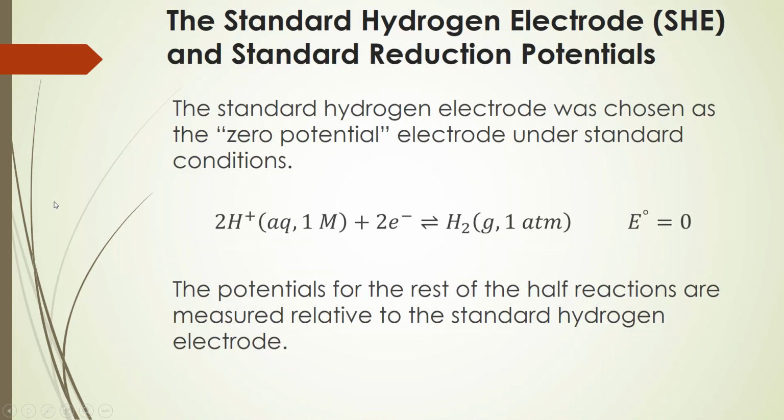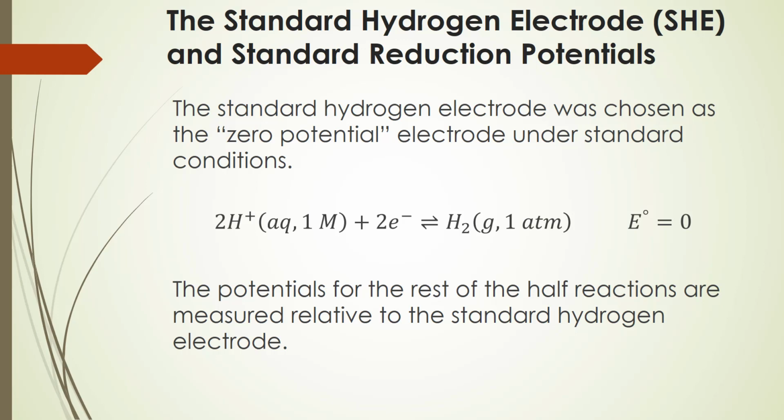The standard hydrogen electrode is actually used to determine the standard reduction potentials for all of the other reactions as well, because sometimes you can have more than one reaction for each element. The standard hydrogen electrode was chosen as the zero potential electrode, under standard conditions.